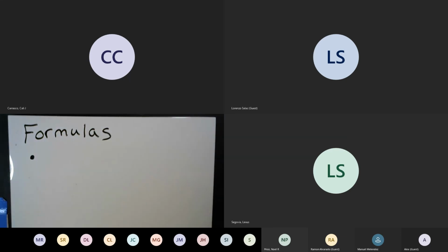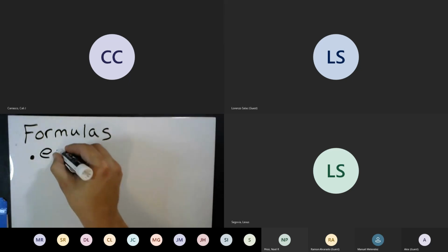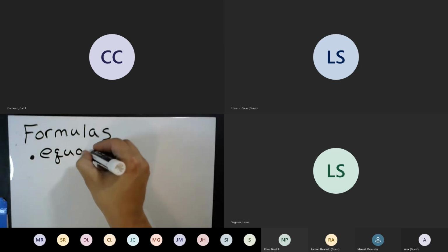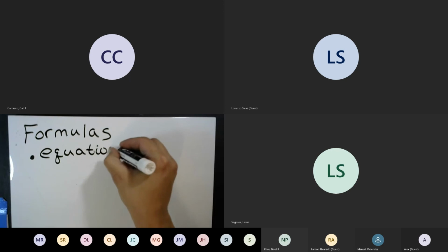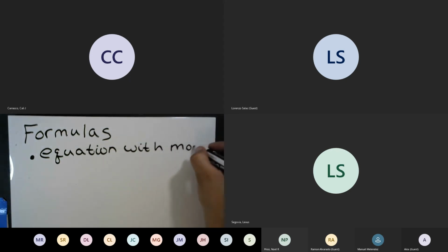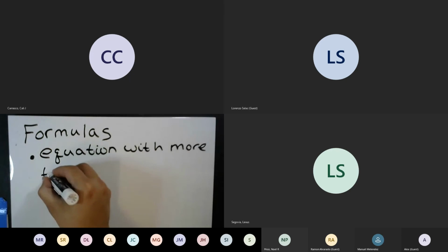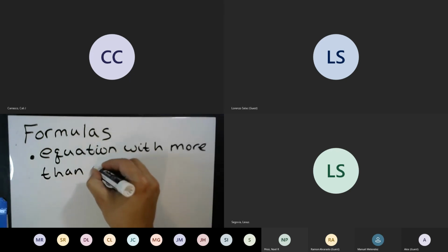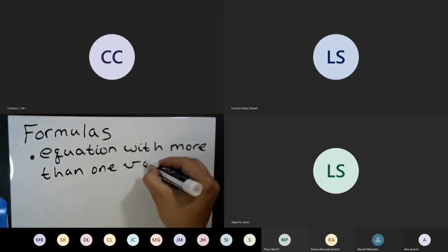What a formula is, it's an equation with more than one variable.